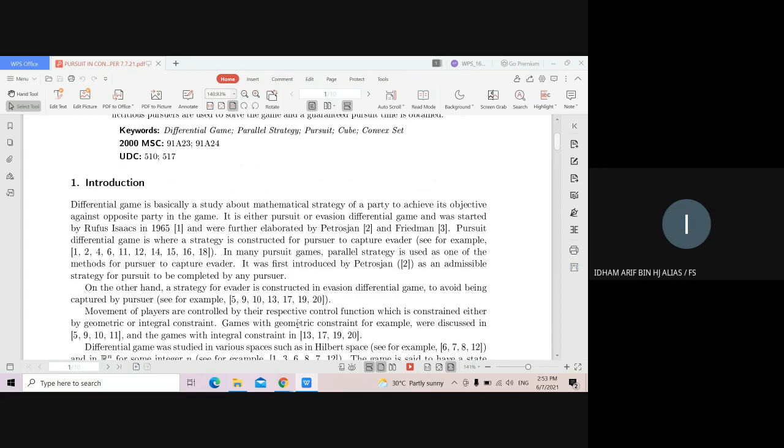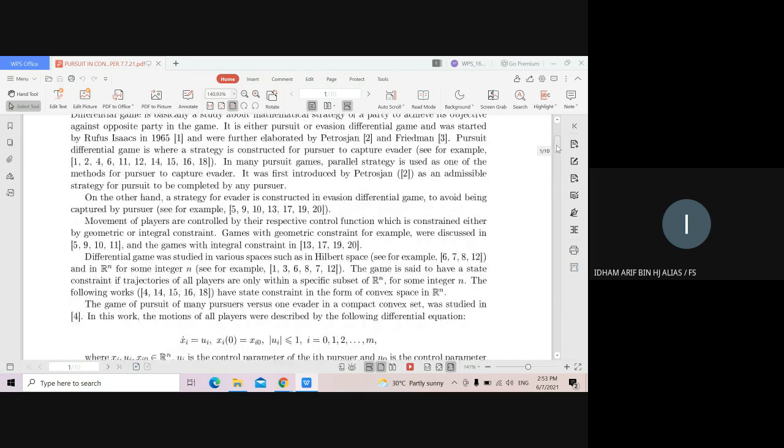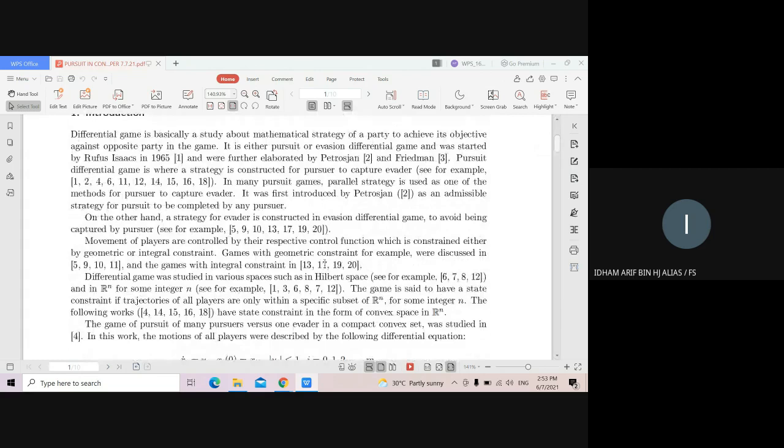Now, again, movement of players are controlled by control function. It means that a player can only move with a control function. It is like an engine for the player to use to move. So this control function of players can be limited by some kind of constraint.